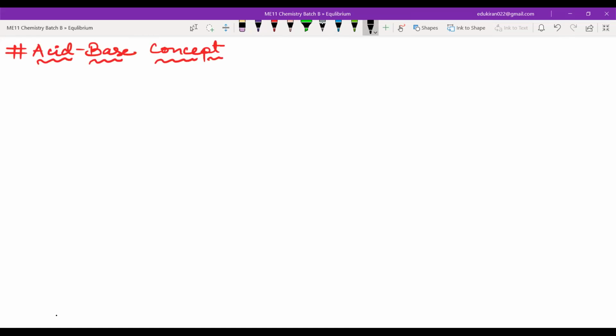Now, in acid-base concept, we will be learning about the different definitions given by different scientists. The first one is the Arrhenius concept of acid-base. It's very simple.